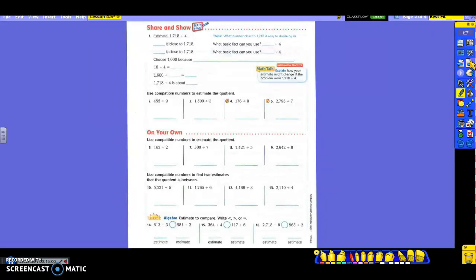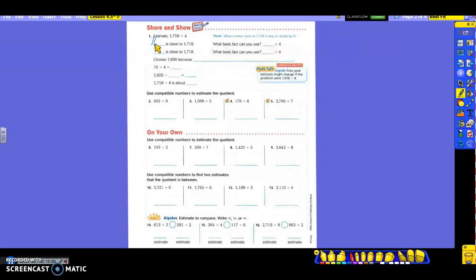All right, let's try this next one. We're going to estimate 1,718 divided by 4. So again, what facts am I thinking about? 4 facts, right? So now if I look at this number, is 17 divisible by 4 evenly? Okay, but what's close that is? 16 is divisible by 4, right? So I'm going to put the 16.